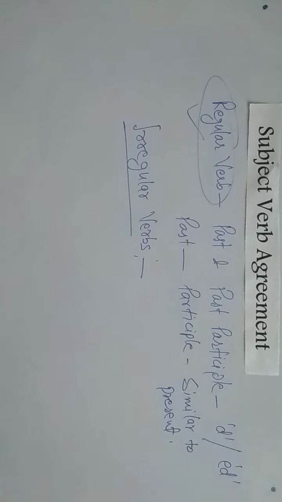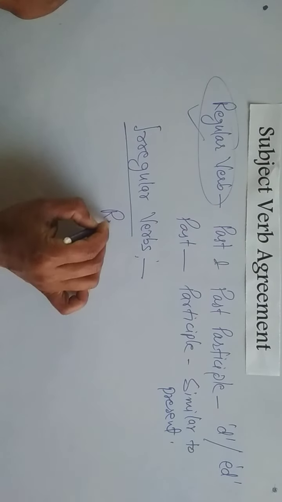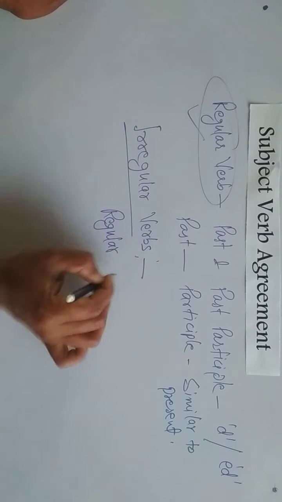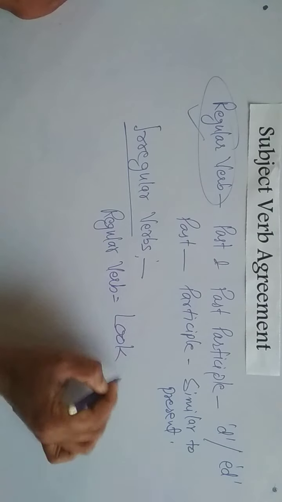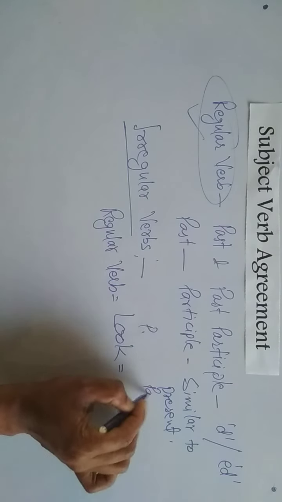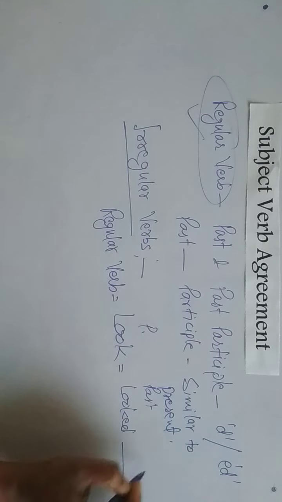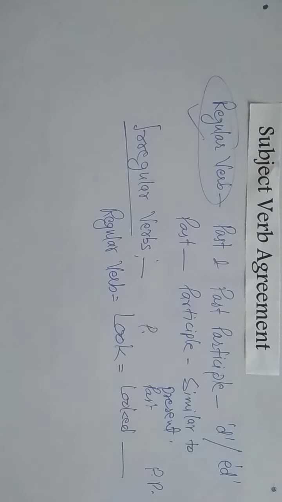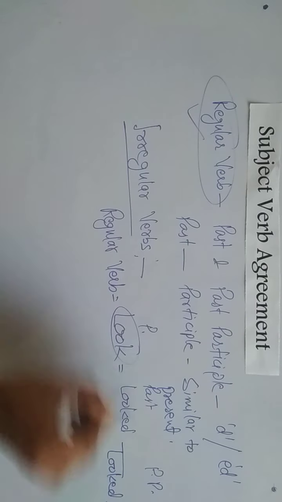So let's take an example in a quick way. If I talk about a regular verb, for example, I am taking look. This is present. If I change it into past, simply looked. And the past participle is very simple, it is again looked. So this is called a regular verb.